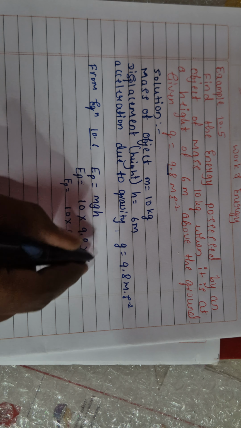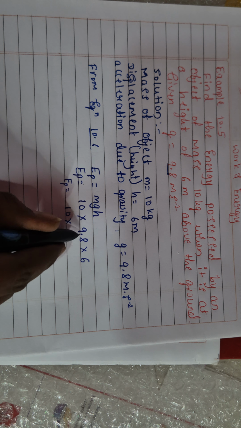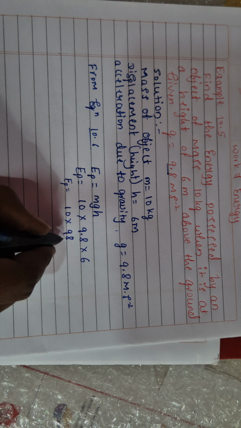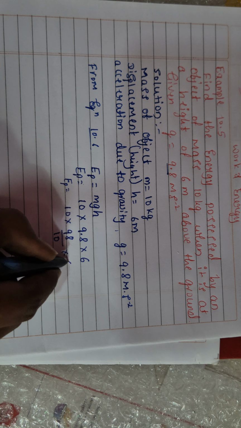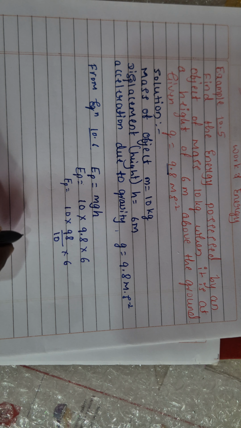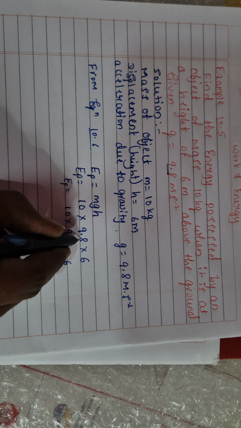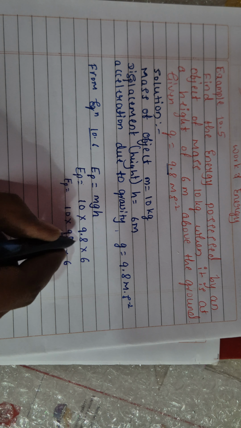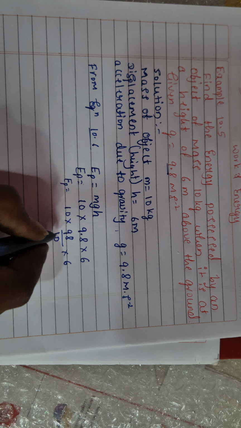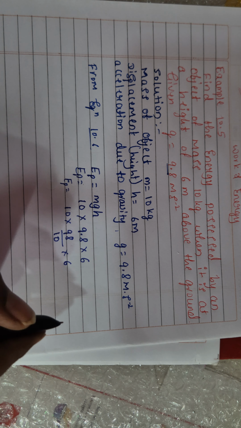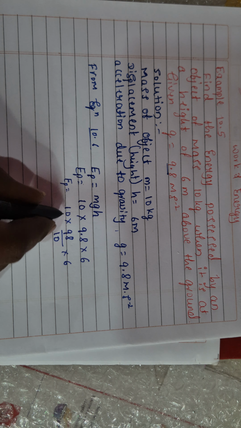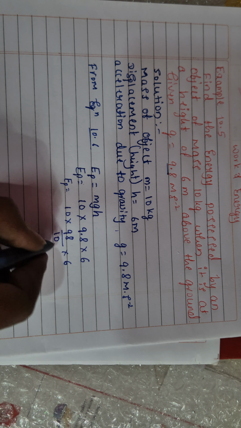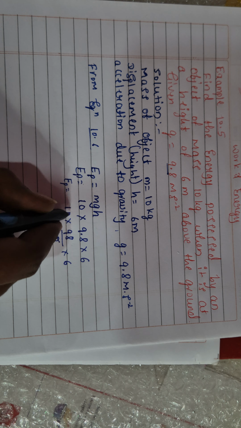Here we erase the decimal point, and it comes under the denominator 10. As usual we write the 6 here. The remaining places are taken as 0, so 1 point is equal to 10. Here also 10 and here 10, so we cancel the 10.